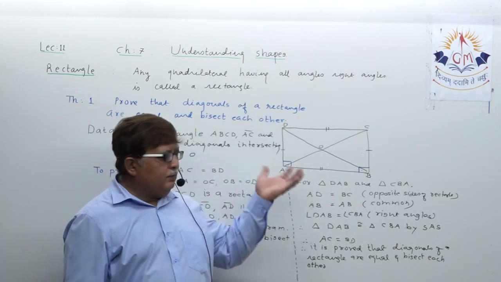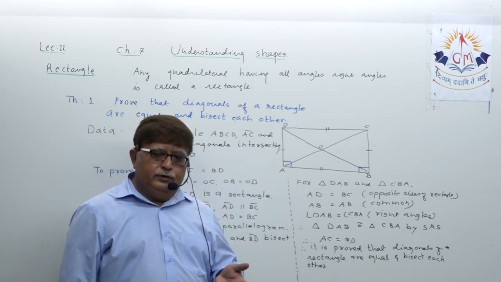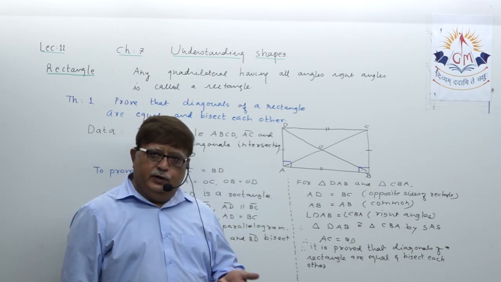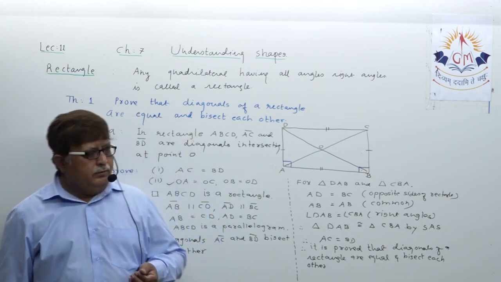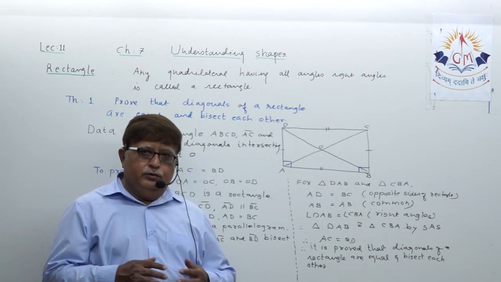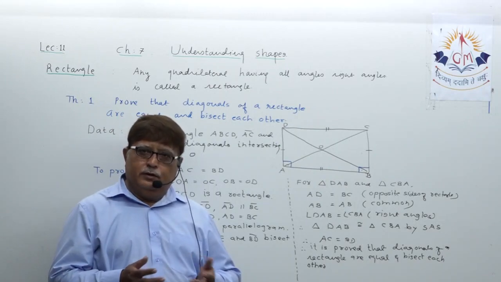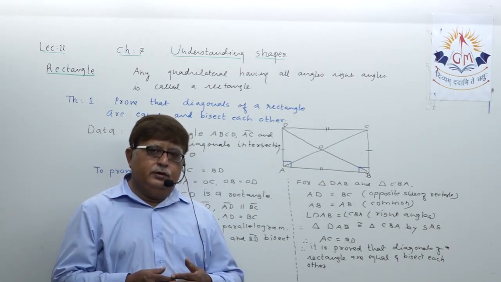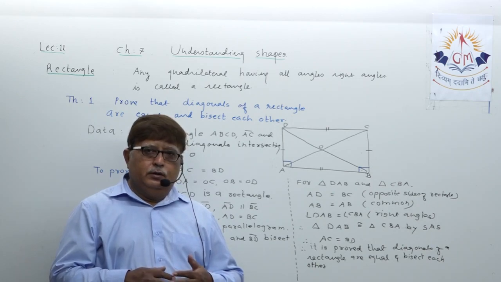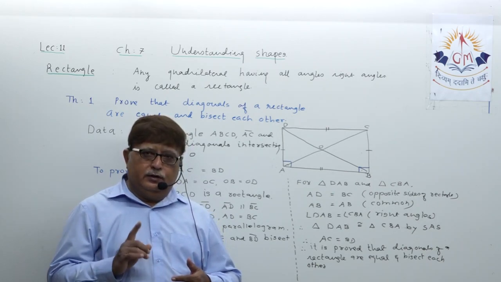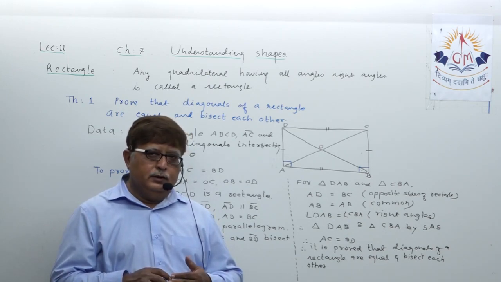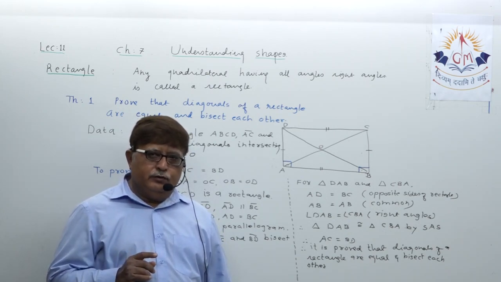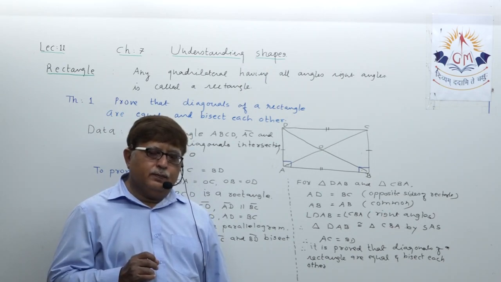First, opposite sides are parallel, obviously. Second, opposite sides are equal, obviously. Third, all angles are right angles. Fourth, diagonals are equal.